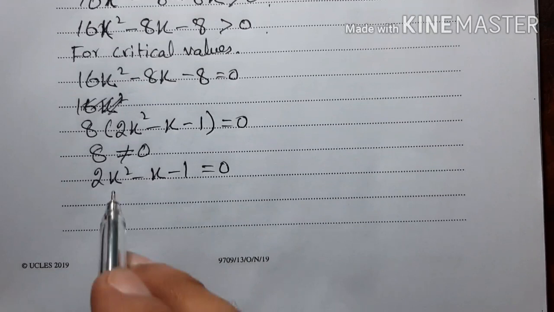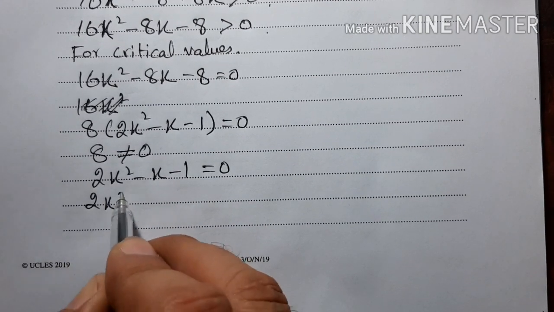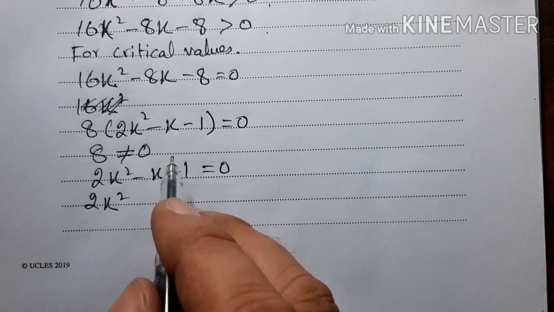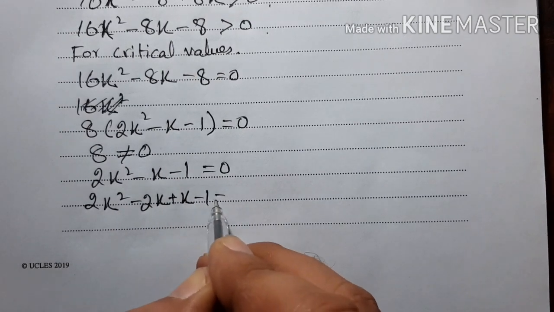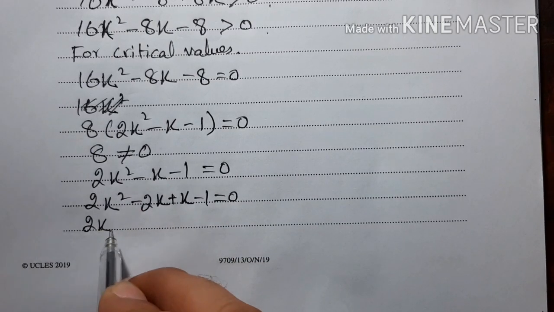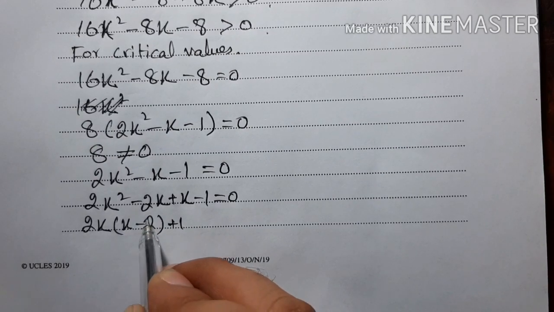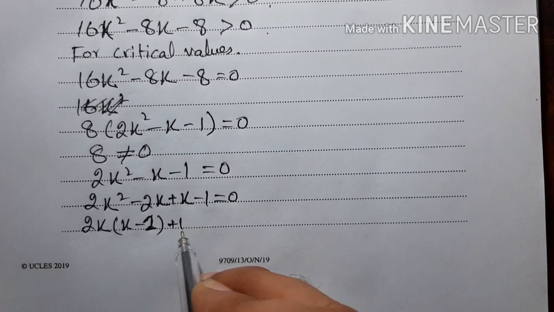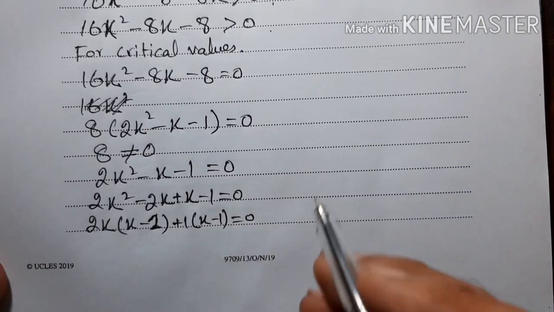I will solve it by middle term break method. It will be like 2k square minus 2k plus k minus 1 is equal to 0, or 2k common, k minus 1 plus 1 common, k minus 1 is equal to 0.